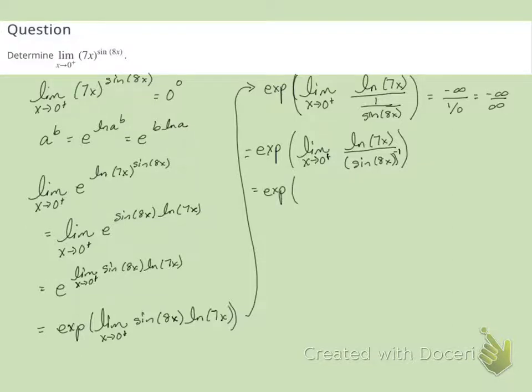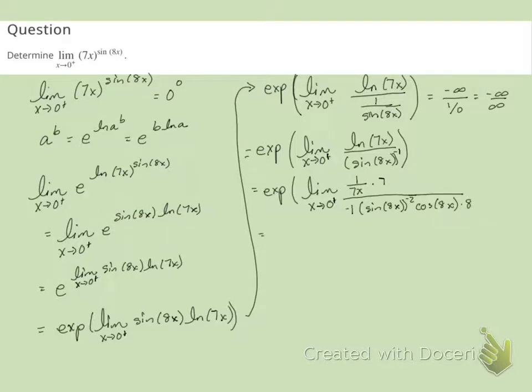All right, so the derivative of the numerator. The derivative of natural log is 1 over the argument, so 1 over 7x, and then the derivative of the inside is 7. Now the derivative of the denominator, I'm going to drop that negative 1 down in front, decrease the power by 1, take the derivative of the sine, which is cosine of 8x, and then also the derivative of the far interior, which is the derivative of 8x, which is 8.